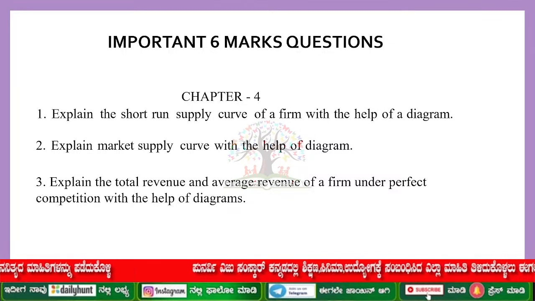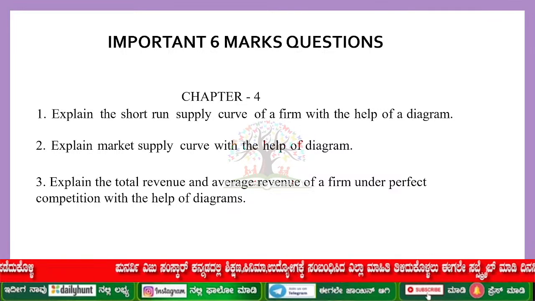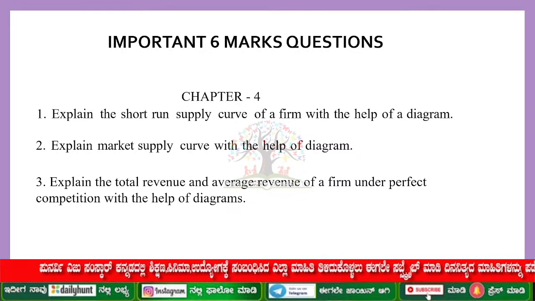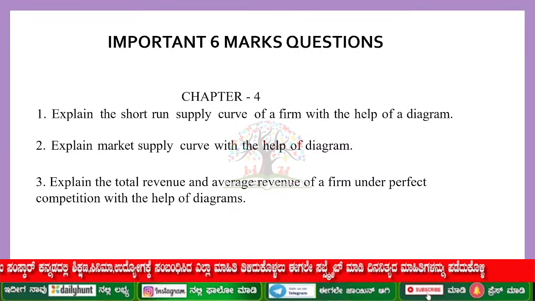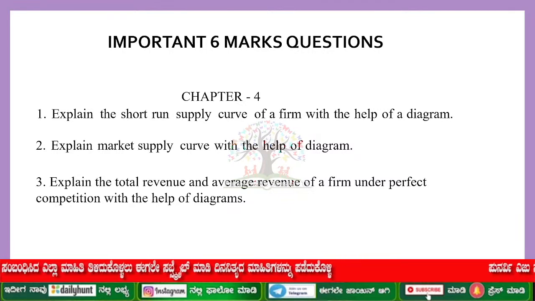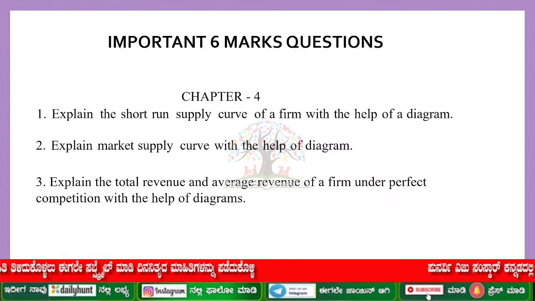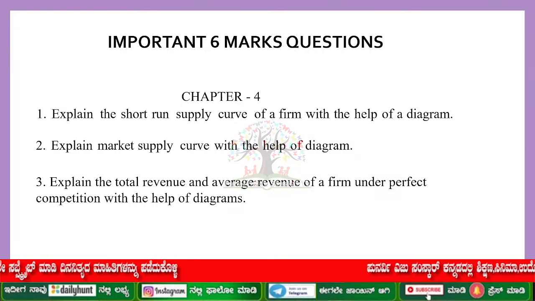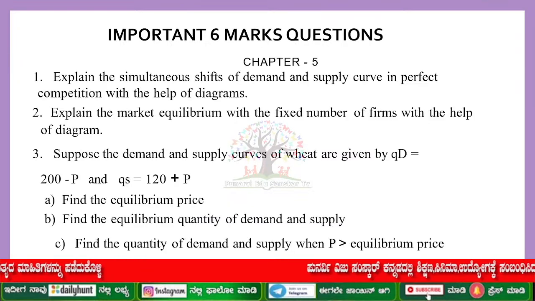Explain the market supply curve with the help of a diagram. Explain total revenue and average revenue of a firm under perfect competition with the help of diagrams. Out of these 3 questions, 1 question you can expect for 6 marks.